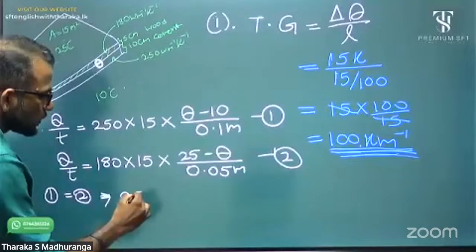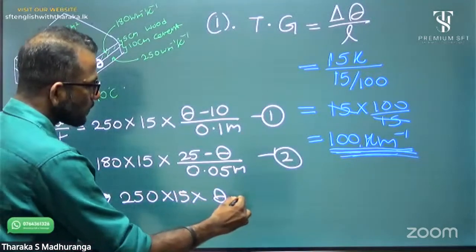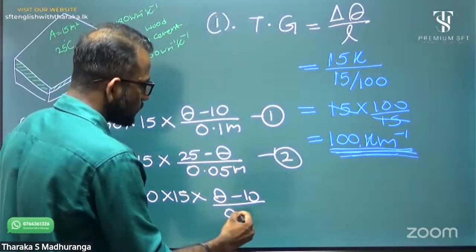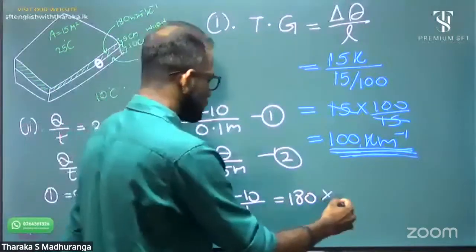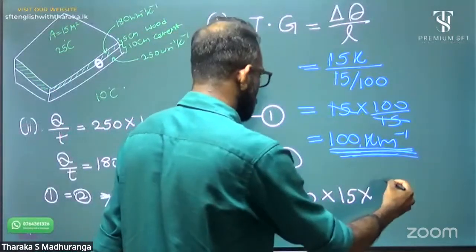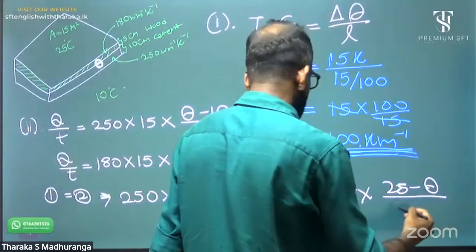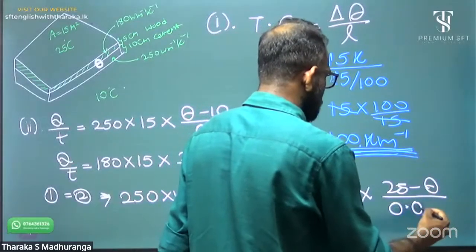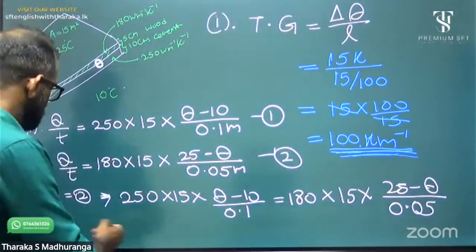Now 250 into 15 into theta minus 10 over 0.1 equals 180 into 15 into 25 minus theta divided by 0.05.